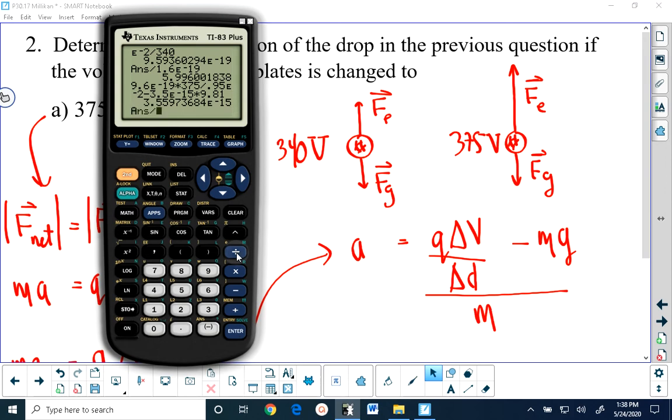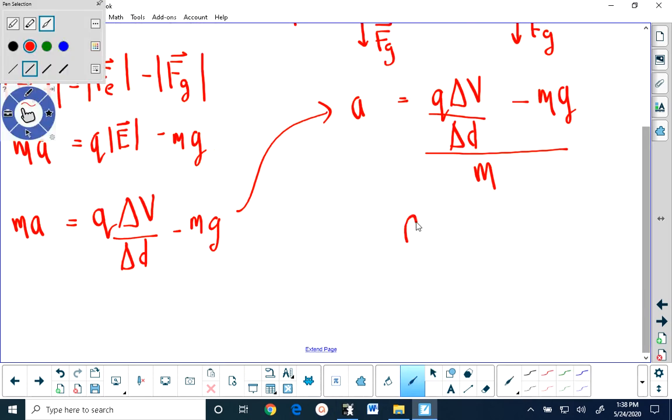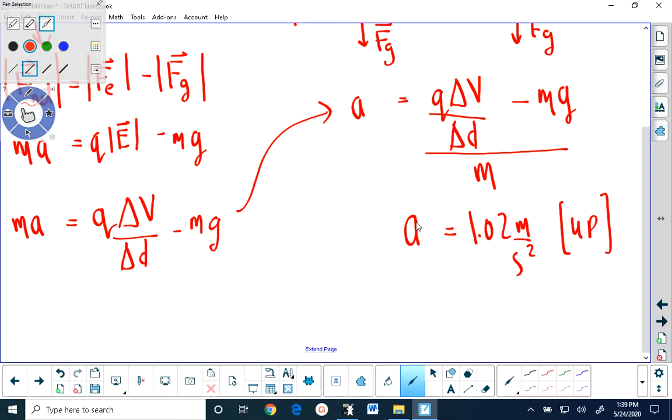So when we divide by the mass of 3.5 multiplied by 10 to the negative 15 kilograms, we get an acceleration upward. The answer to this question is 1.02 meters per second squared upward. It's up because we've determined the electric force up is greater.